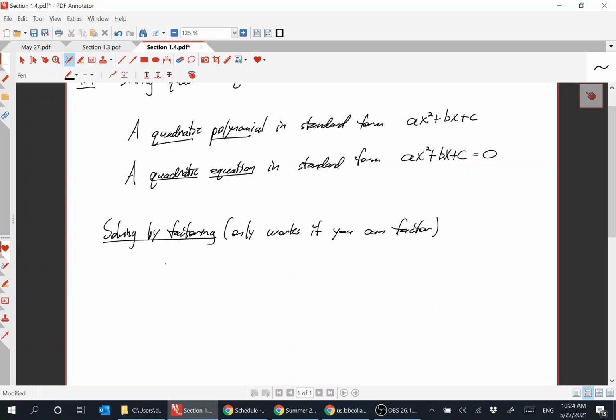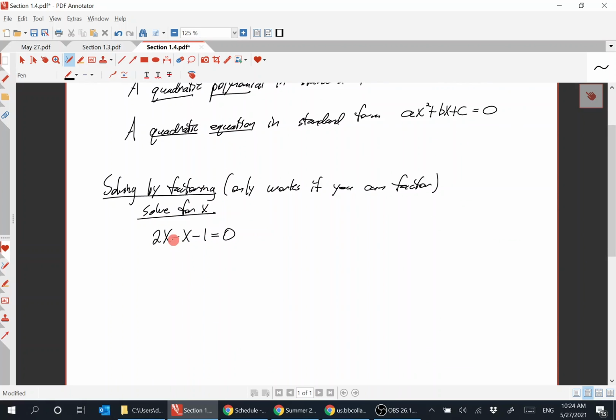So, for example, if you've got 2x squared minus x minus 1 equals 0, solve for x.